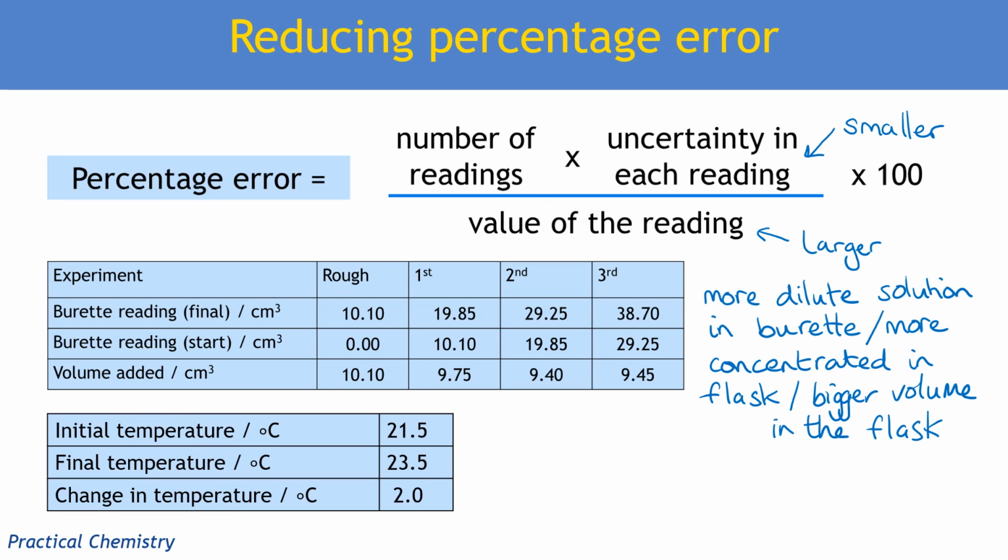Now if the temperature change is really small, like 2 degrees, the percentage error in that from a normal thermometer is going to be really large. So what can we do? One thing we can't do is add a bigger volume of water or solution, because if we do that, we're heating up more water and it will take more energy. So again, this is a situation where we would use a more concentrated solution.